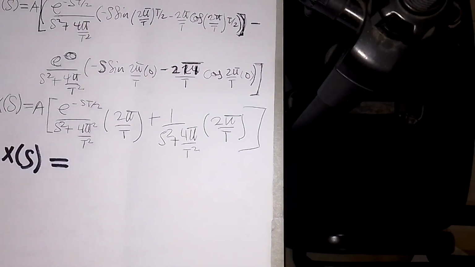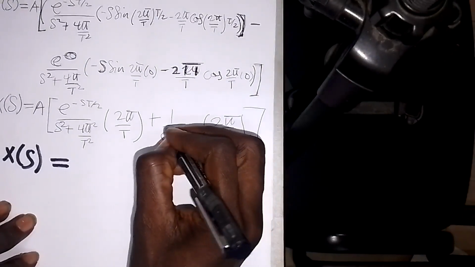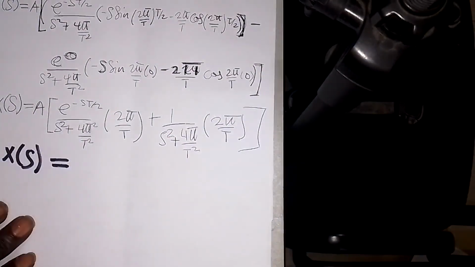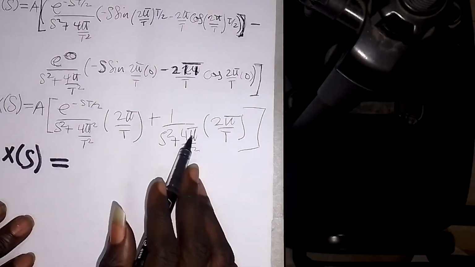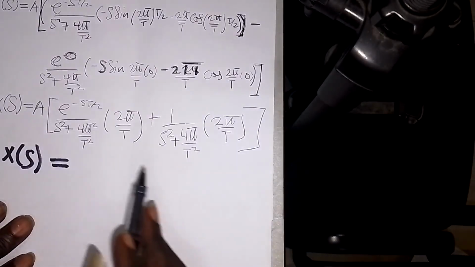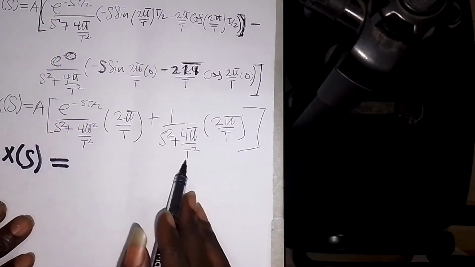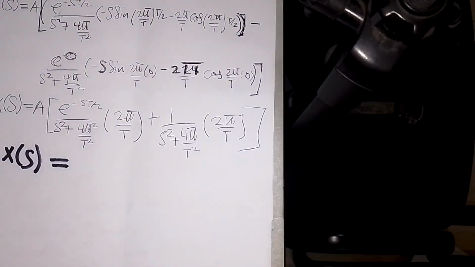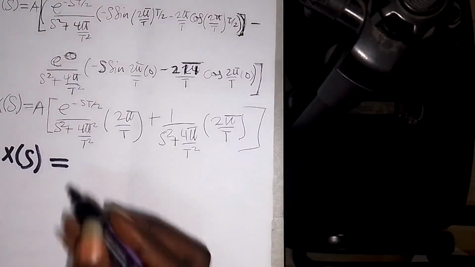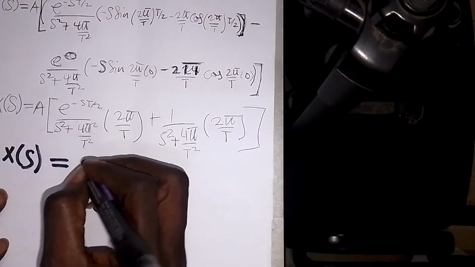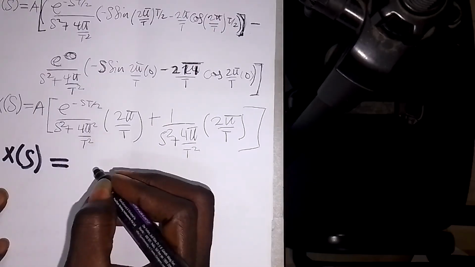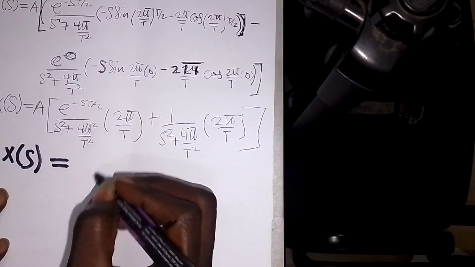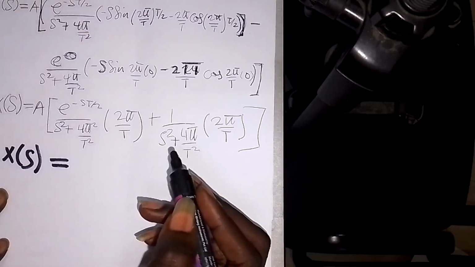Okay, a is already out. You see that pi is common to them, pi is common here also, and t is common here, t is common here. So I can bring those ones out. And then I can bring 2 out.